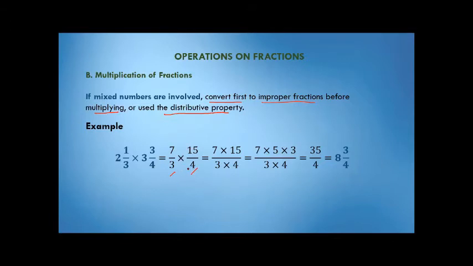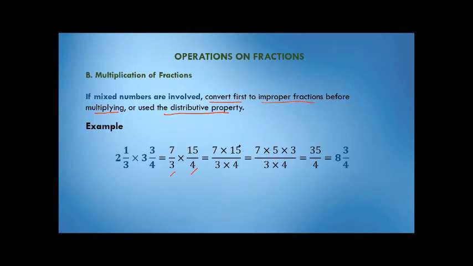Saka natin i-multiply ang numerator sa numerator, then denominator sa denominator. So, that is 7 times 15 para sa numerator, then 3 times 4 para sa denominator. Now, sabi nga natin, para mabilis yung pag-process ng lowest term, i-factor natin parehas. At kung meron mang common factor, madidivide yun o makakancel.